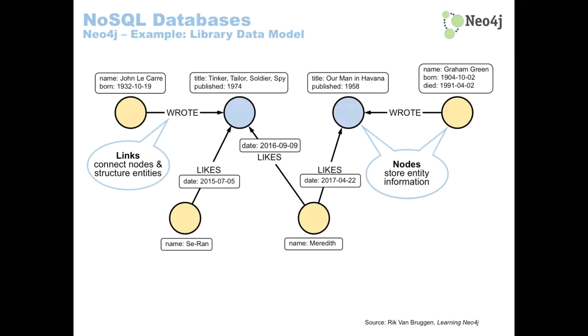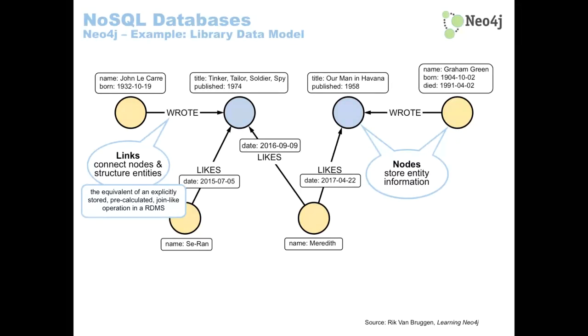The links connect nodes and they structure entities. A link is the equivalent of an explicit join, and so it takes the place of a join operation in a relational database.